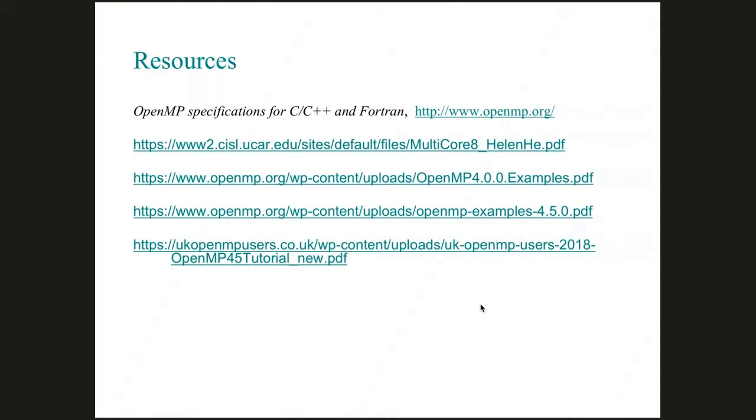And if you want to actually implement OpenMP in your code, I would suggest you check the examples provided by openmp.org. There are examples for 4.5, there are examples for 4.0. Examples for 5.0 are coming maybe sometime, they are not there yet. Okay, that's all for today. Thank you.